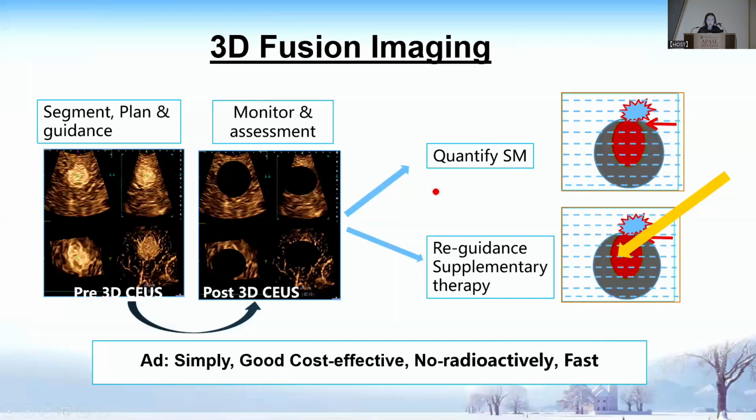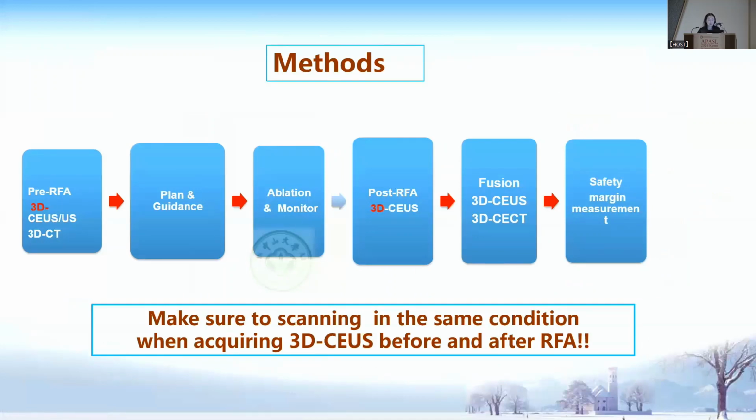So we can quantify the safety margin, and then use the fusion image to re-guide the supplementary therapy. Ultrasound is very simple, cost-effective, has no radiation, and is faster.